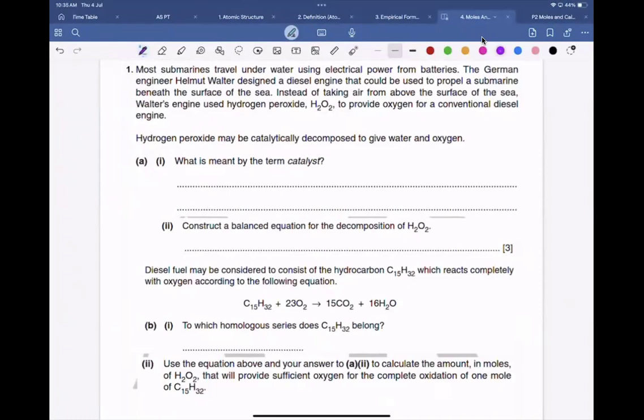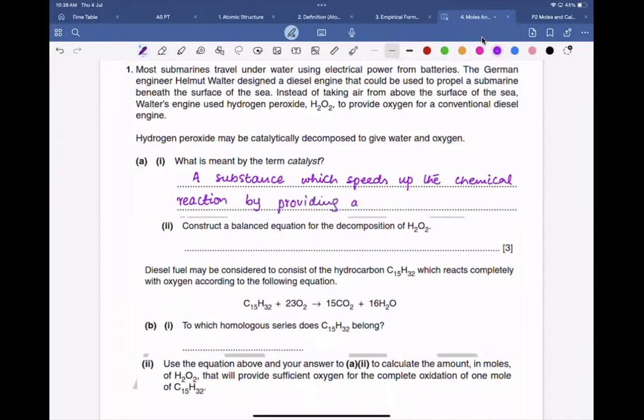Okay. Yes, sir. So what is meant by the term catalyst? A substance that speeds up a chemical reaction by providing an alternate route.